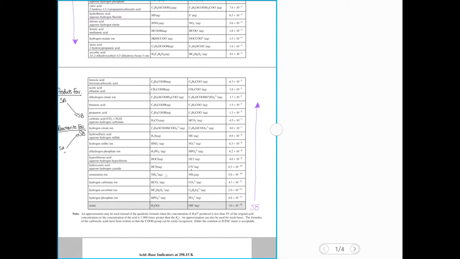I see ammonium is right here, this one down at the bottom, and my hydrogen carbonate as an acid is here. So what I see is that my ammonium is a slightly stronger acid than my hydrogen carbonate, and it's definitely stronger than water. So my ammonium is going to be my strong acid, and it looks like my hydrogen carbonate is going to be my strong base. It's the one that's lowest down on my table when I compare to water, for example.